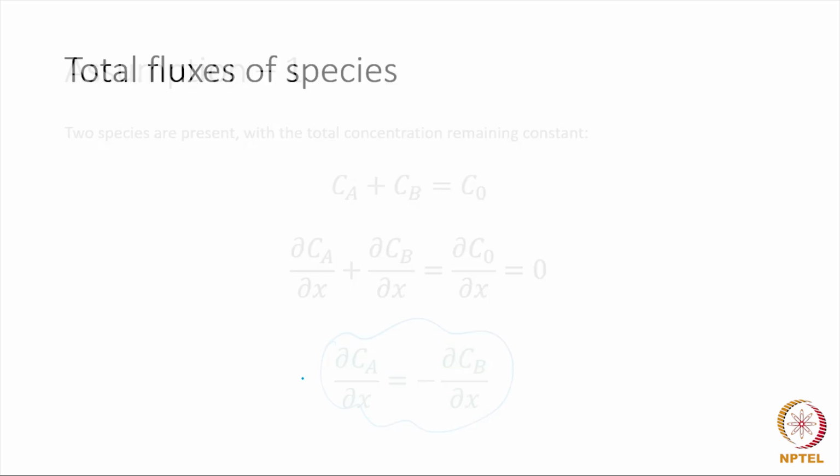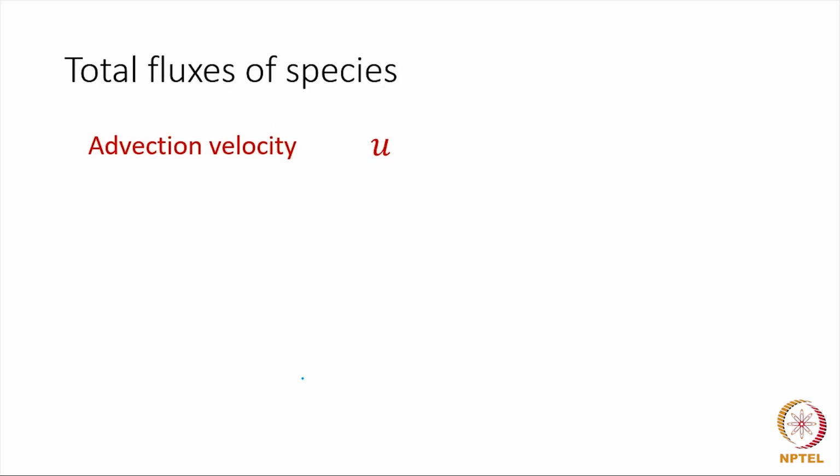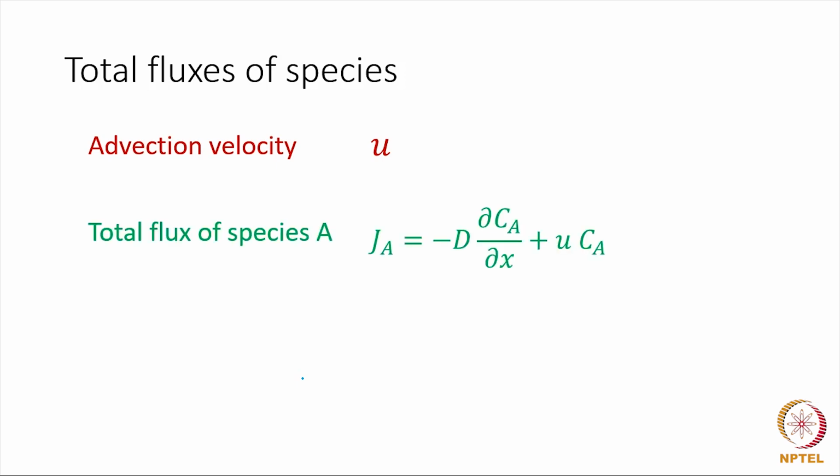Now the total flux of the species can be expressed, and we need the advection velocity. We have not been using it in the previous lessons, but here we need it, because there are two species moving in opposite directions, so there must be a motion of the center of gravity for this species, and that we denote by U. So the total flux of species A is written as the summation of the diffusive flux and the term coming from the motion of the center of mass.